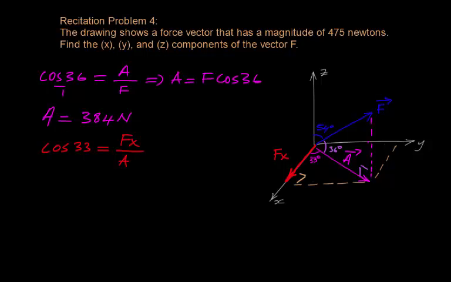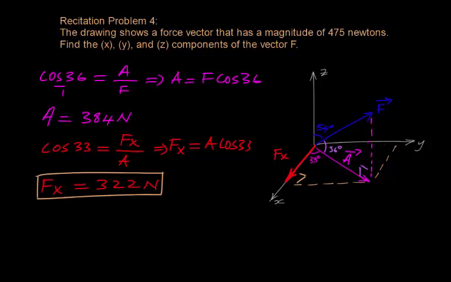Therefore, fx is going to equal A cosine 33. Put together that information, you solve for fx. Notice that A is 384, equals 322 newtons. This is the first component.